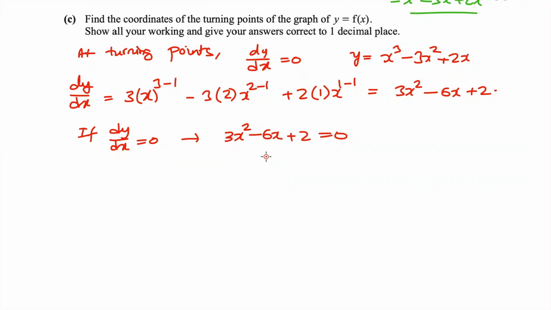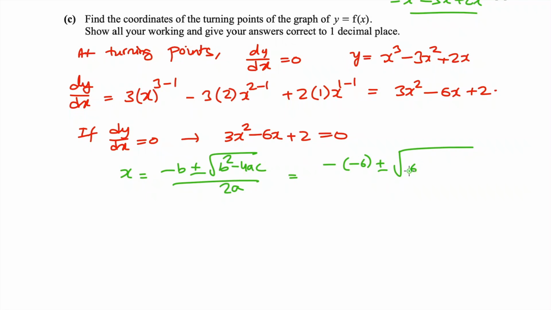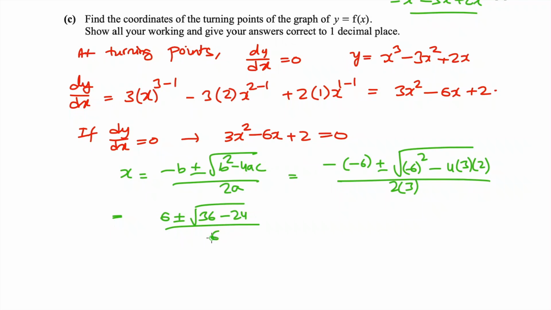And so in this case, let us use the quadratic formula. x is equal to minus b plus or minus square root of b square minus 4ac by 2a, which is minus of minus 6 plus or minus square root of minus 6 whole square minus 4 into 3 into 2 divided by 2 into 3. Minus of minus 6 is 6 plus or minus, minus 6 whole square is 36, 4 into 3 into 2 is 24, divided by 6. So this is 6 plus or minus root 12 by 6.